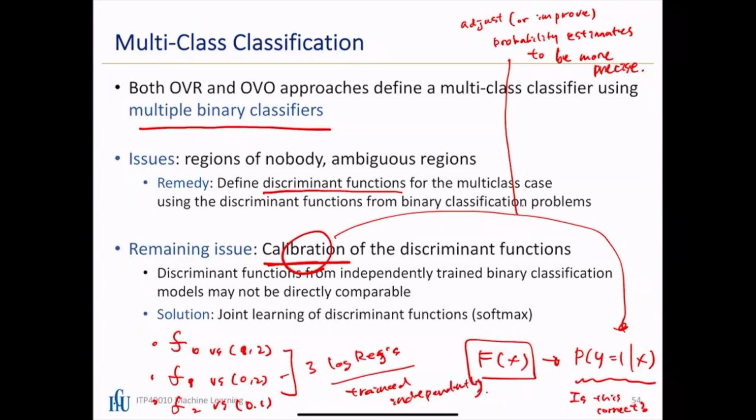The question is whether the probability estimate from the first one is compatible with the others. And there is no clue, because we don't have any ground to say the probability estimate from this one is compatible with that one or the other. So this is an unsolved issue.